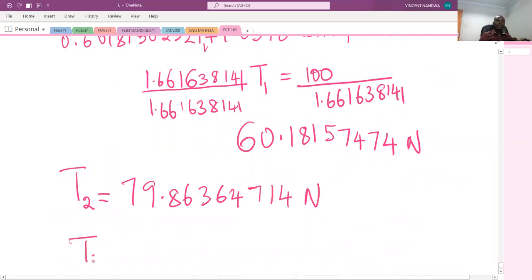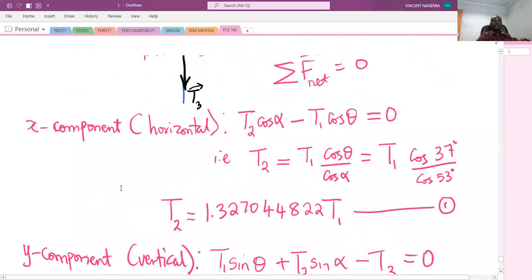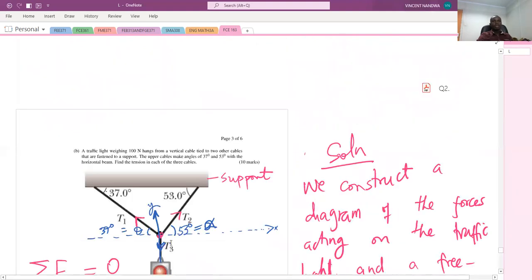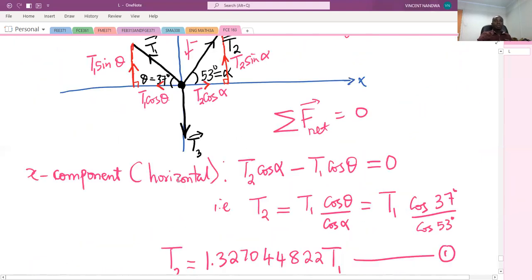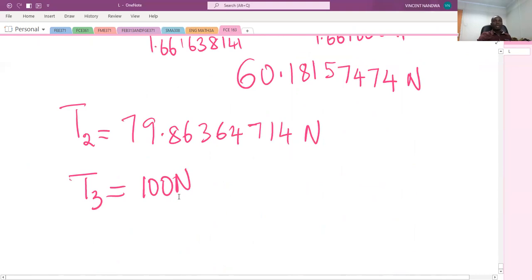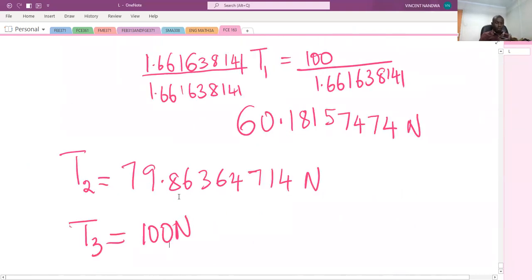And then T3 by default is 100 newtons, which is the weight of the sign post. So this is how the weight is acting. It's the weight of the traffic light, 100 newtons. So that is how we're supposed to solve that particular problem. Thank you.